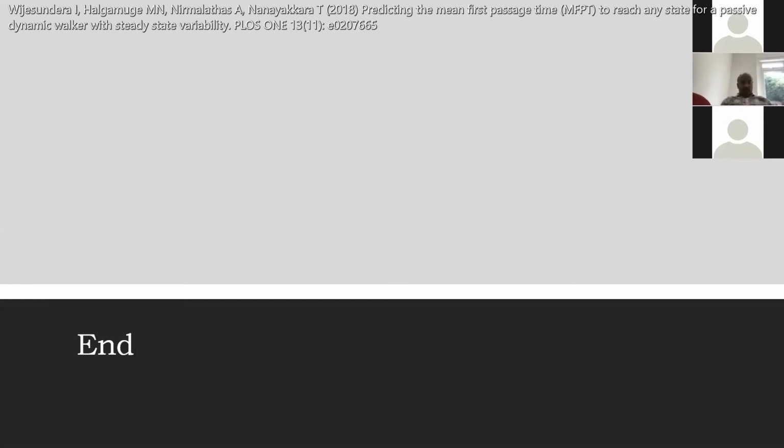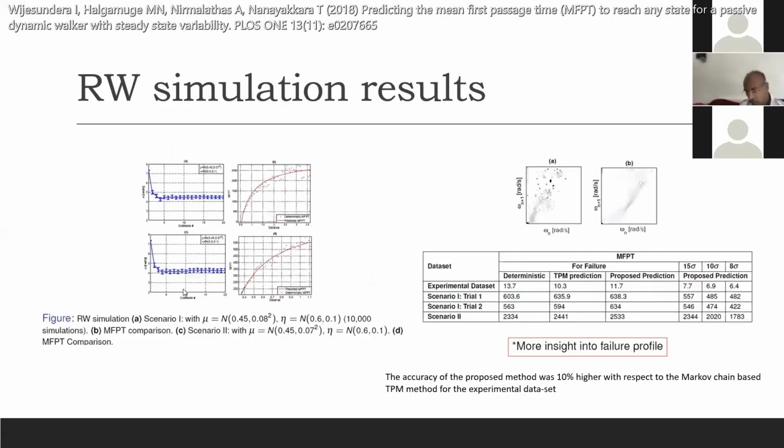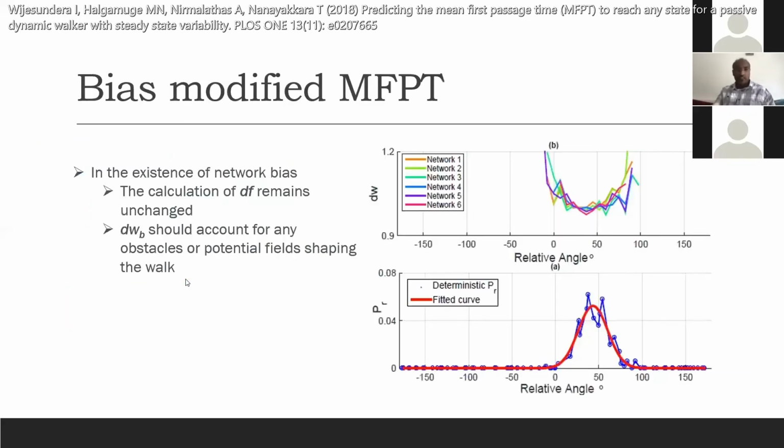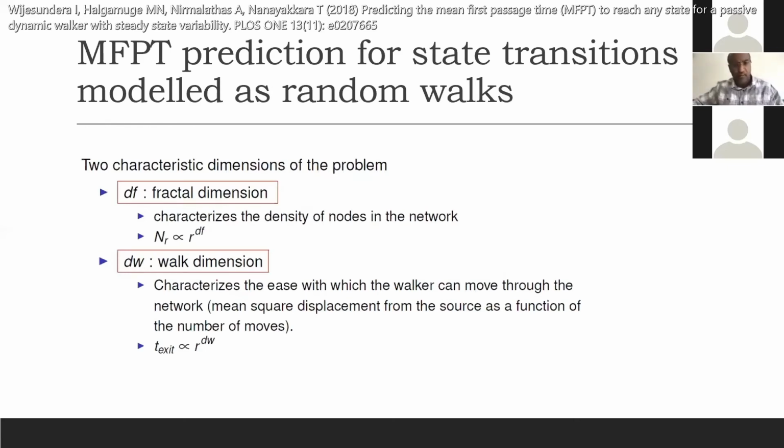Yeah, I have a few questions. Can you go back to the walk dimensions and the fractal dimension? Yes, this one. So the DF, the fractal dimension, is the number of nodes visited when it passes a sphere, a ball of radius r, right?